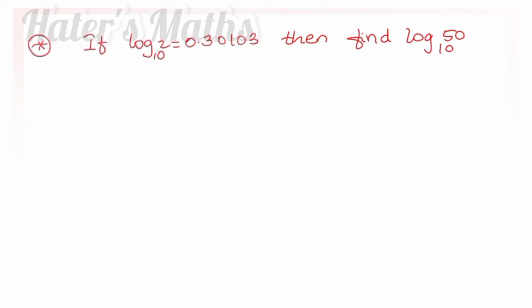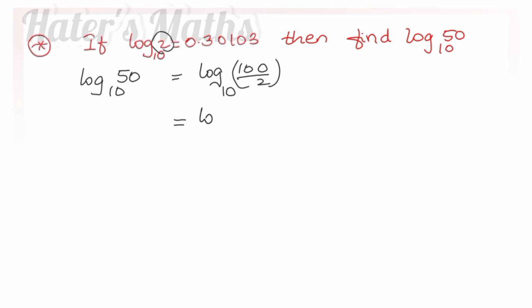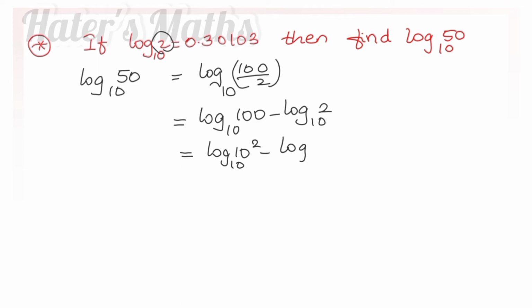Next one. Log 2 to the base 10 is given to you, and we need to find the value of log 50 to the base 10. Log 50 by using this 2 and 10, we can write it as log 100 by 2 to the base 10. Using the quotient rule, it is equal to log 100 to the base 10 minus log 2 to the base 10. Log 100 can be written as log 10 square to the base 10 minus log 2 to the base 10.